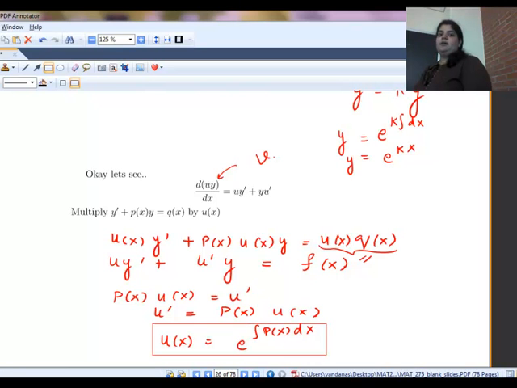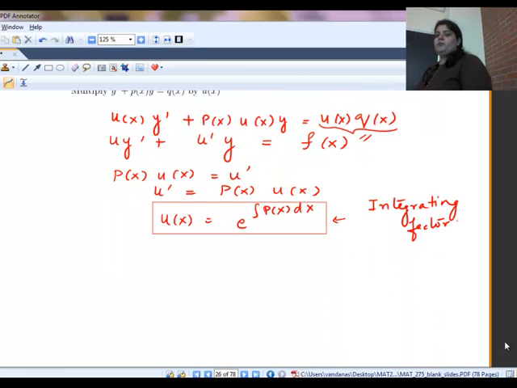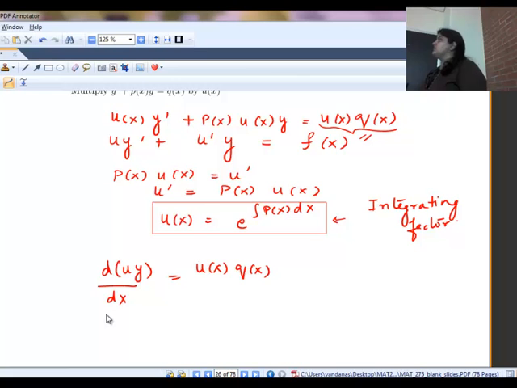It combines the left hand side two terms. Integrating factor. And it will be helpful in solving the homework problem, the last ones. So this is integrating factor. Once you have integrating factor, you multiply with y. So d(uy)/dx is your u(x) times q(x), which is f(x).